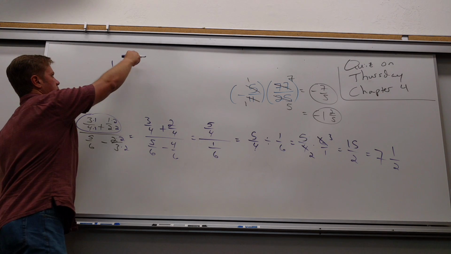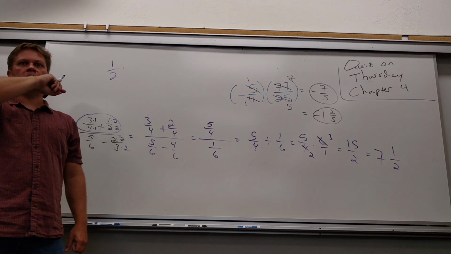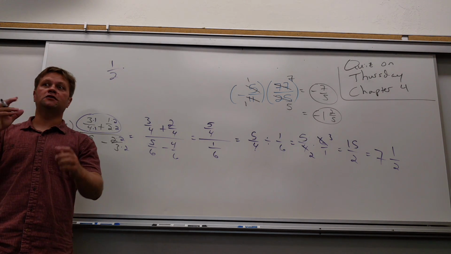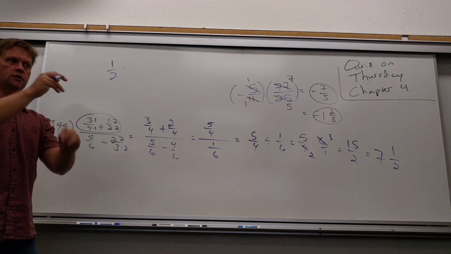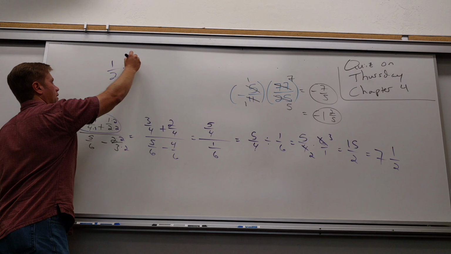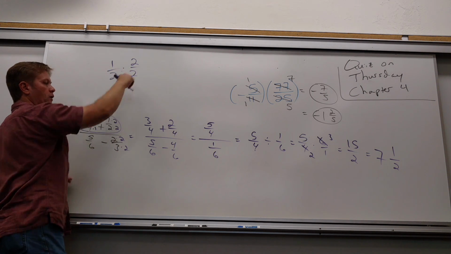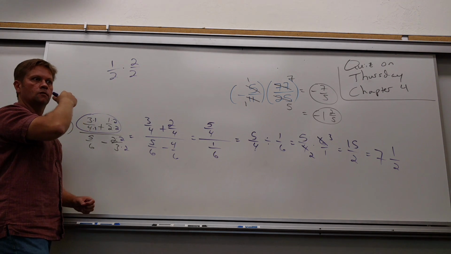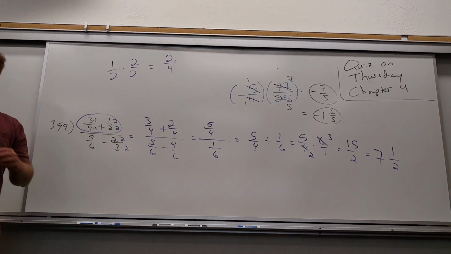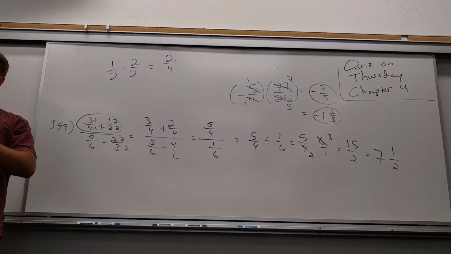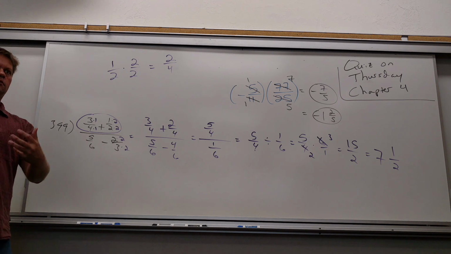So I can multiply by 7 over 7. I can multiply it by 5 to the 0 power, because that's 1. Let's not do that weirdness. So I can multiply it by 2 over 2, because 2 over 2 is 1. So I'm making it look different, but it's the same number.